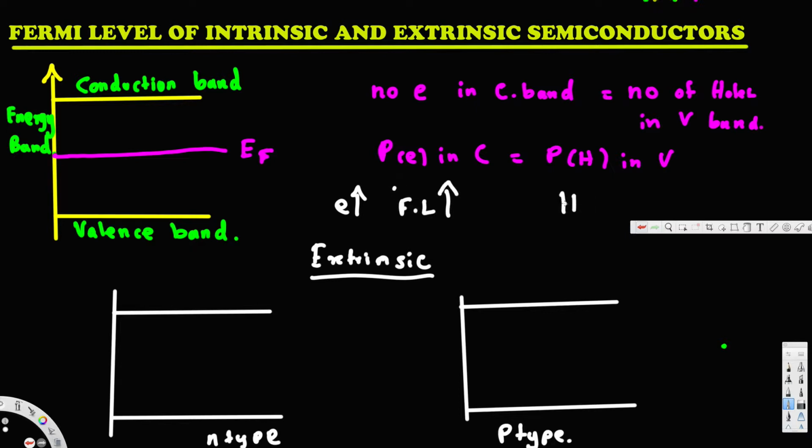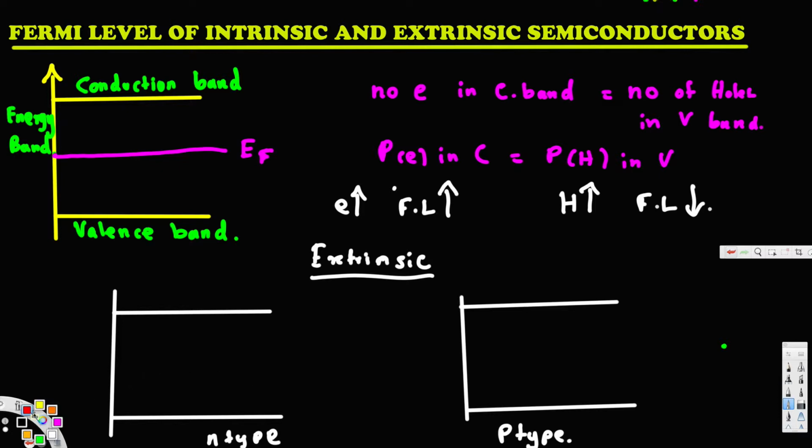When the holes are high, the Fermi level will go down. So that's the relationship. Now for N-type semiconductor, the conduction happens due to electrons, so it has higher electrons. If the electrons are high, the Fermi level goes up. So the Fermi level is going to be somewhere here. This is our EF for N-type semiconductor.